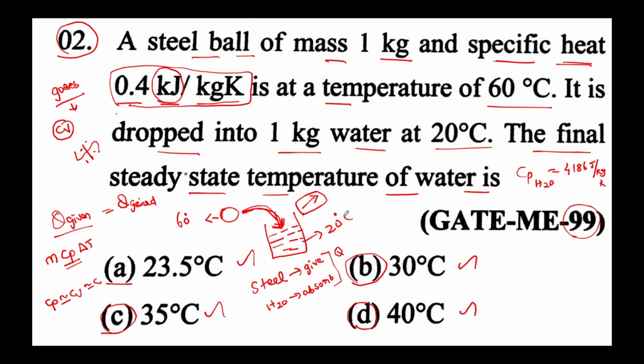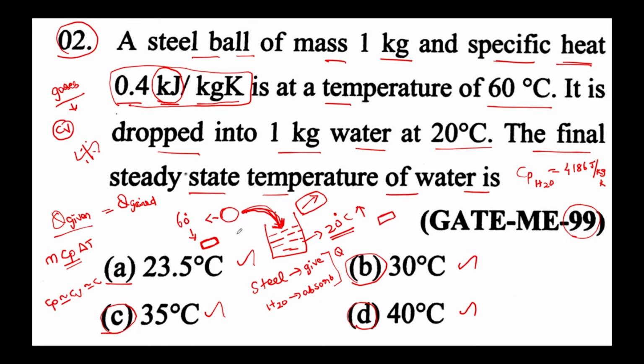The only thing you have to note in this question is that the steel, after giving the heat, has its temperature drop and finally reach a final temperature, right? Similarly, initially the water was at 20 degrees, and after getting the heat given by the steel ball, its temperature constantly rises and finally reaches a particular temperature, right?